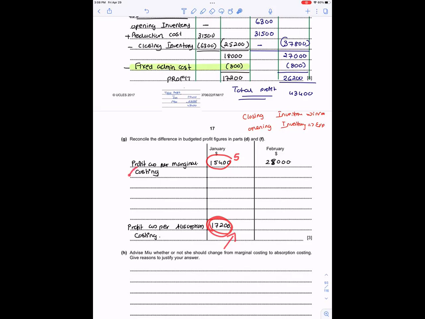So if I want to make this equal, what will I do? I have valued inventory at 5, value it at more 2. So I will add difference in closing inventory.